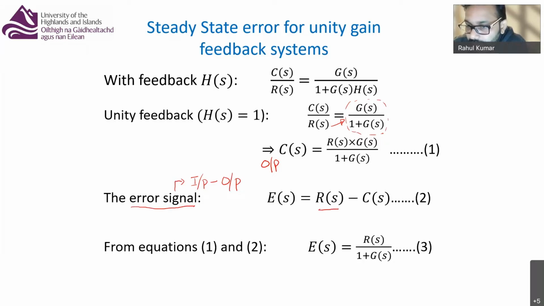Input is R of S and output is C of S, which I have already calculated. So R of S minus C of S gives R of S minus R of S multiplied by G of S divided by 1 plus G of S. This will be my error.